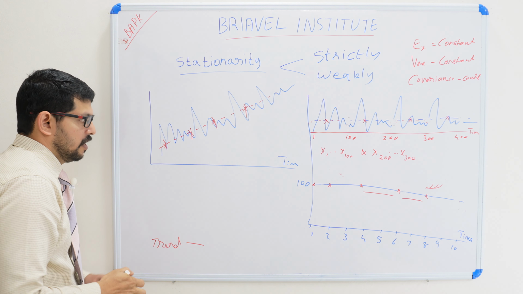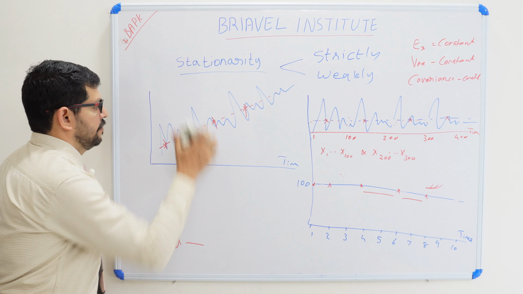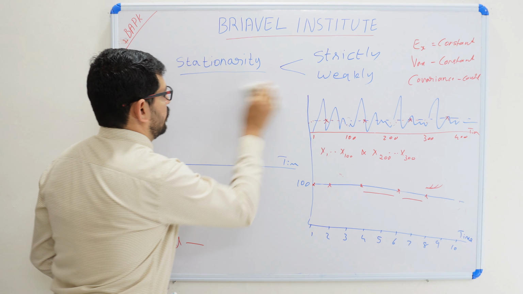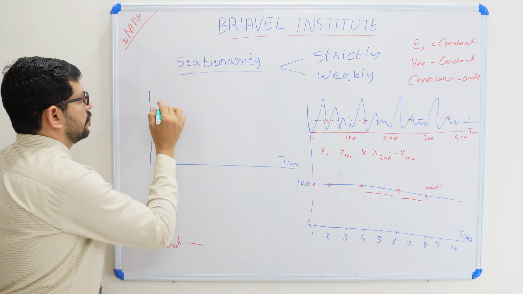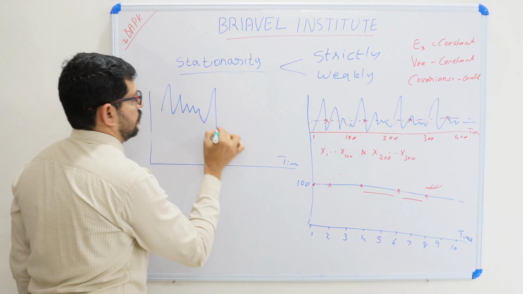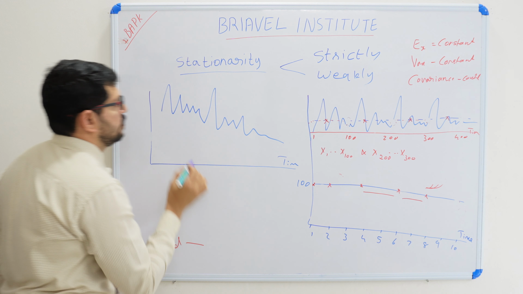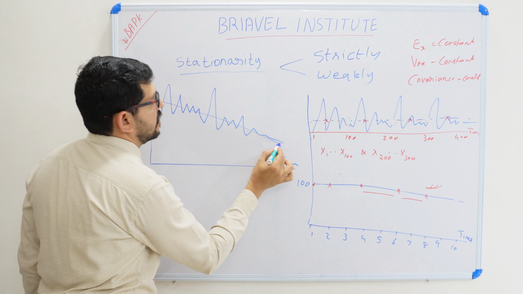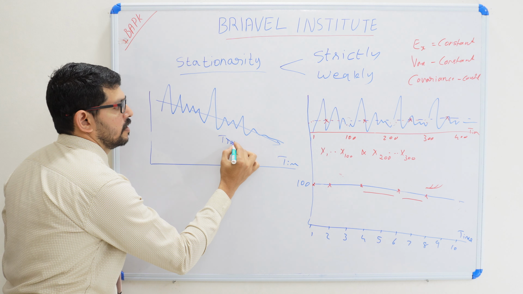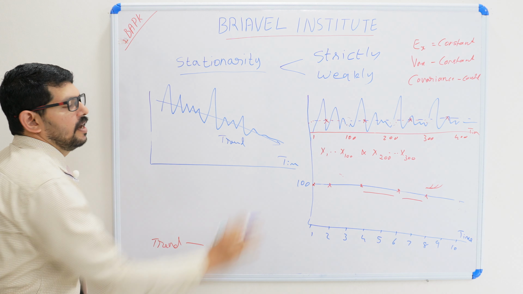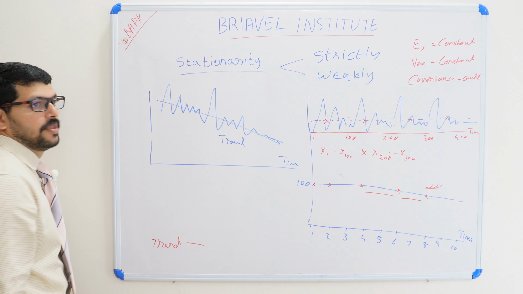Now you see another graph. There is a decreasing trend. So there is a trend, a decreasing trend, and we can't say it is stationary.